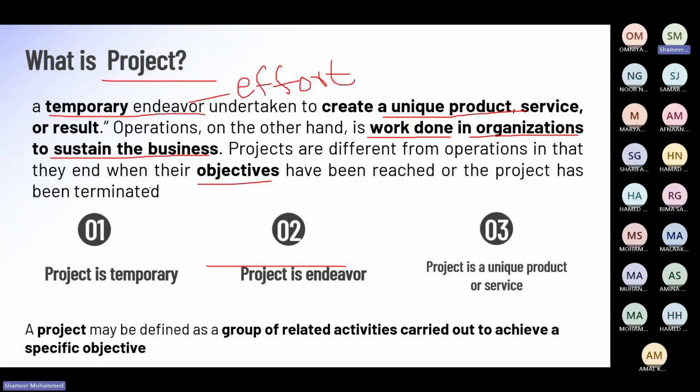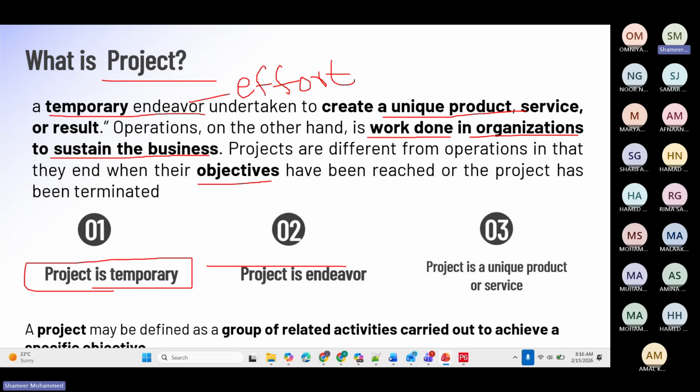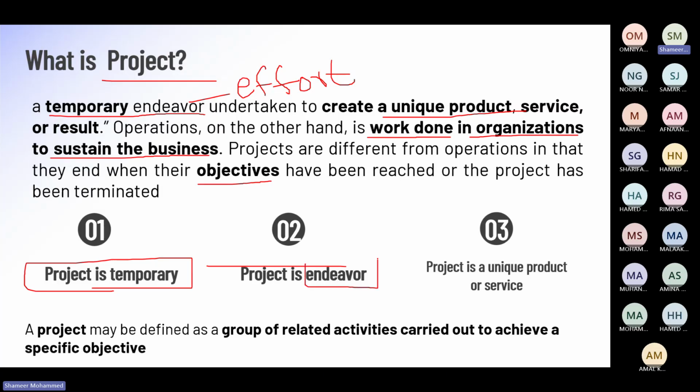Then you stop the project. So every project is temporary. This is number one you need to remember. You may get these things in the multiple choice questions. Every project involves some efforts, an attempt.